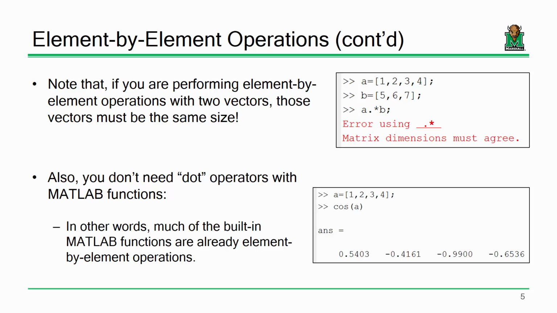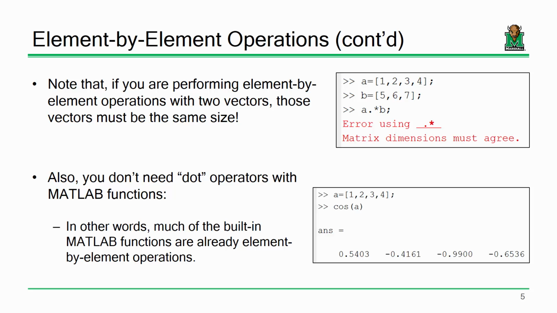This is a point right off the bat. If you're performing element by element operations on 2 vectors or 2 arrays, they got to be the same size. So look over here in the top right. A is 1, 2, 3, 4, so it's got 4 terms in it. And then B's got 5, 6, 7, so it only has 3 terms in it, right? Now if I try and do dot multiplication, MATLAB is going to try and do element by element.